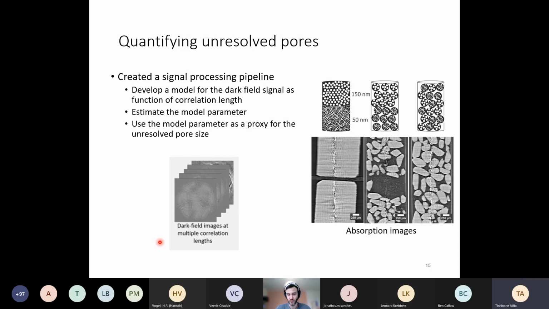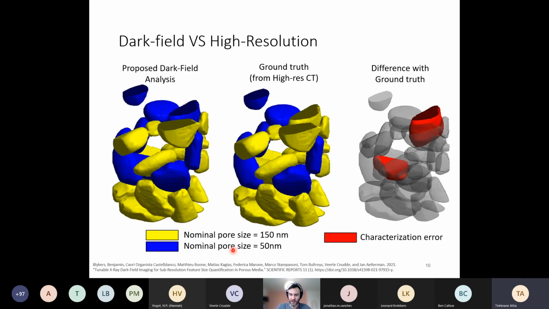Nonetheless, if you do the dark field acquisition and you then build a signal processing pipeline to remove the noise and to extract the parameters, you can actually try to highlight what samples have features at what characteristic size. And long story short, that is what we've done, and we've made a classifier out of that.